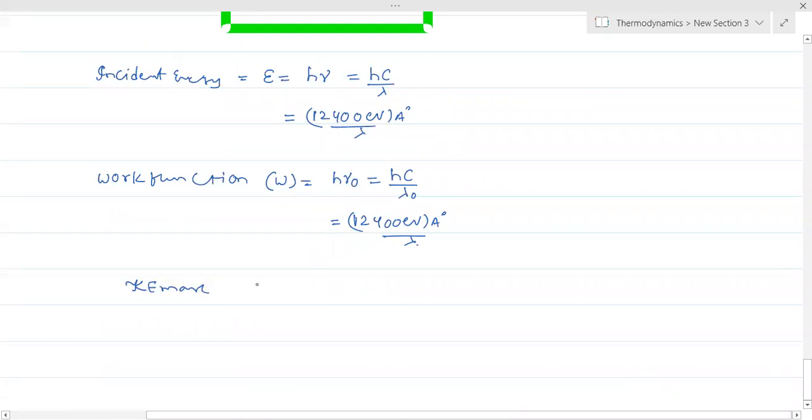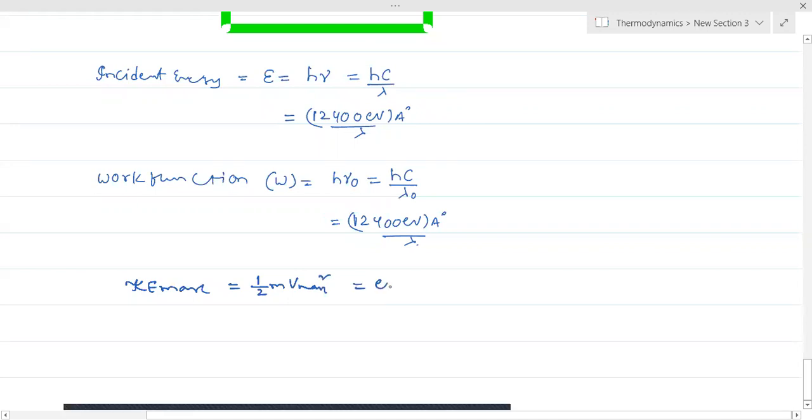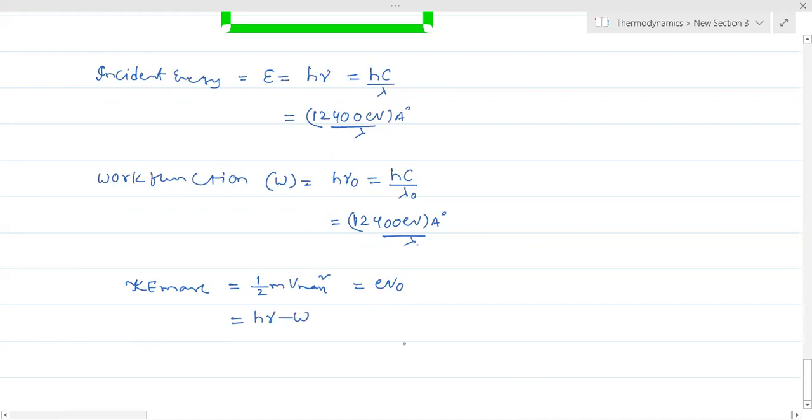In the end, we take Ke maximum, which is equal to half m v maximum square, and that equals eV naught. Or when we think of kinetic energy, we write h nu minus W. So these are the possible forms for the Einstein photoelectric effect equation.